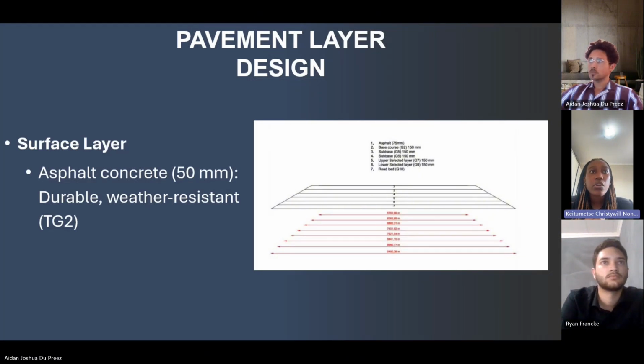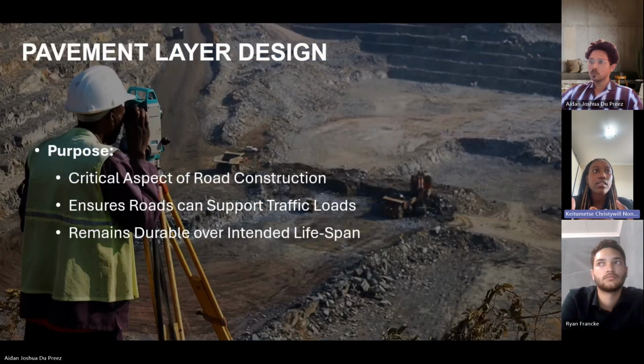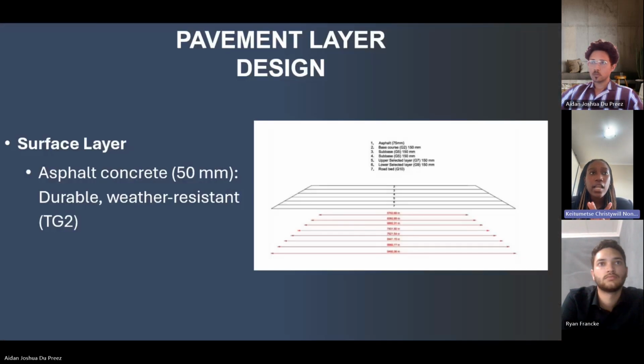The design in this project adheres to the South African Pavement Engineering Manual and the technical guidelines of the TG2 standards. The structure of pavement layers. A well-designed pavement typically consists of multiple layers, each serving specific functions.